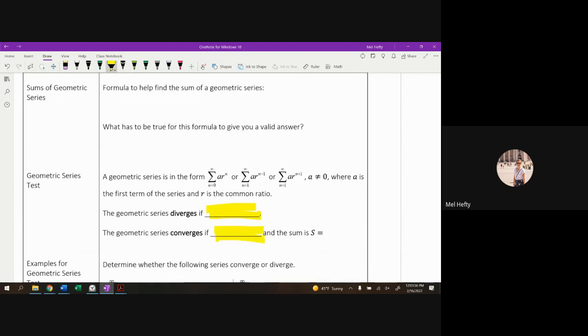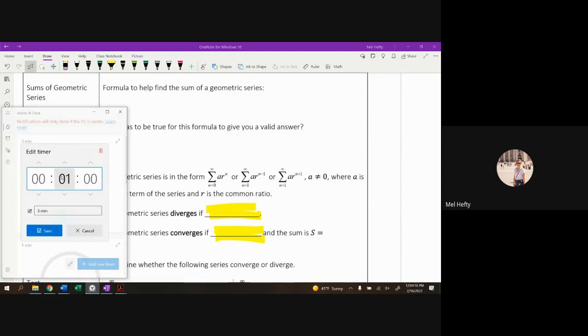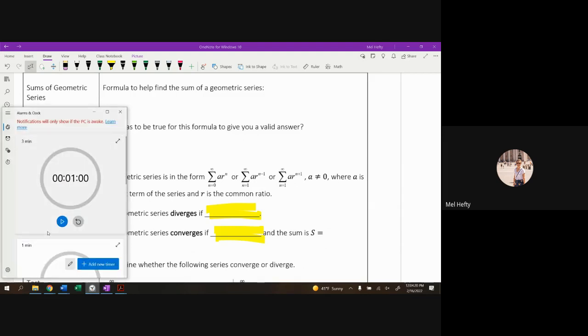It's going to have to do with the ratio R. When do you think, based on the R, this is going to converge? When do you think it's going to diverge? I want you to think about it for a second. If you think you know, talk to a neighbor. And by a second, I mean a full minute. Peek back in your memory. See if you remember the sum.